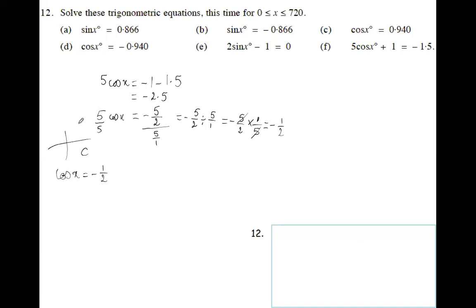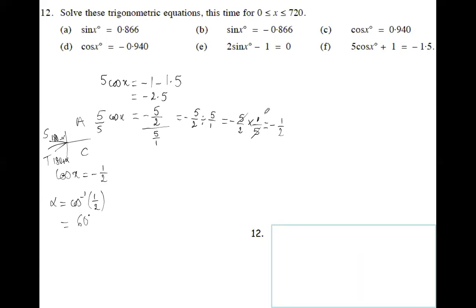CAST tells me that cos is negative here and here: 180 minus alpha, 180 plus alpha. The equivalent alpha is just inverse cos of the positive half. 60 degrees.